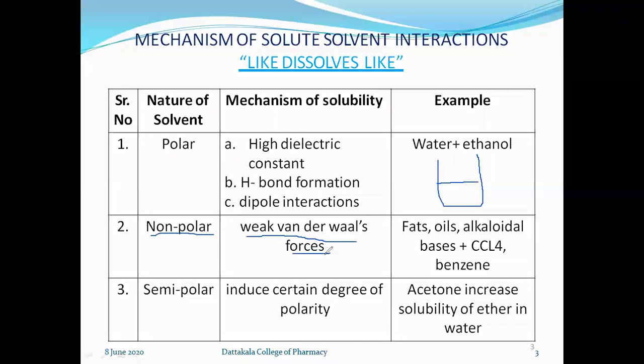Examples of nonpolar solutes are fats, oils, alkaloids, and bases, which are dissolved into solvents like carbon tetrachloride and benzene. So such nonpolar solutes are dissolved into the nonpolar solvent.